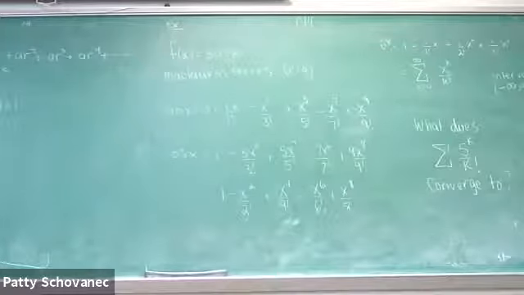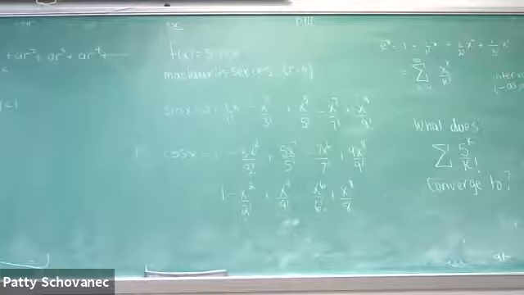So now let me ask you to write the power series representation of 1 over 1 minus x. What power series corresponds to 1 over 1 minus x? And there's your hint.